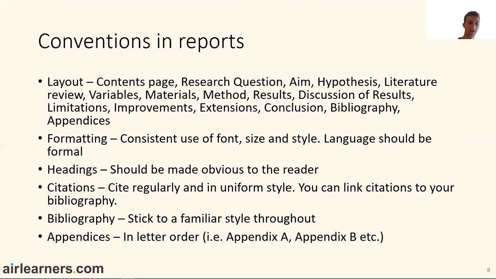And those would, for instance, be an aim and a hypothesis, often method and results, pretty important that there are results. Often a discussion of some kind, and then the limitations, improvements and extensions can often be included as part of that discussion or as part of a broader evaluation.